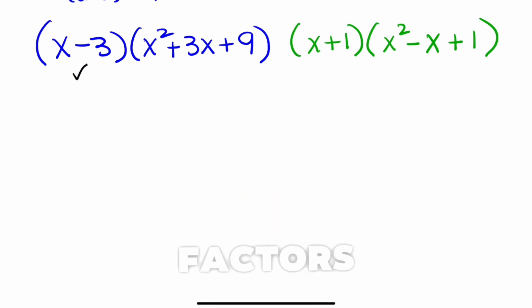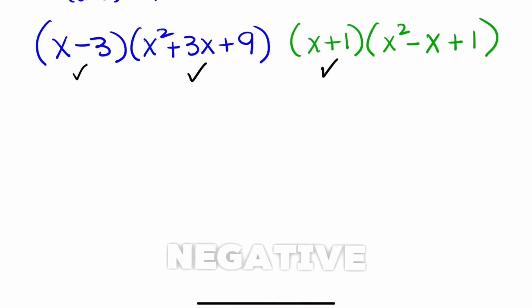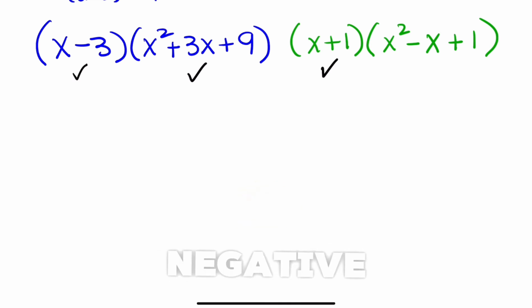No. Factors of 9 are only 1 and 9 and 3 and 3. So that's done. This is also done. Are there any factors of 1 that could add up to -1? No. Only factors of 1 are 1 and 1 and -1 and -1. So done.